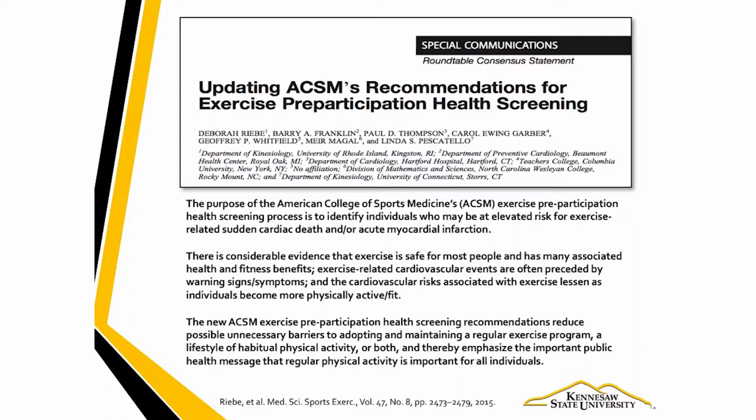In order to reduce the barriers to engaging in an exercise program, we've gone away from categorizing people into low, moderate, or high risk. The idea is to create an environment where everybody should exercise.